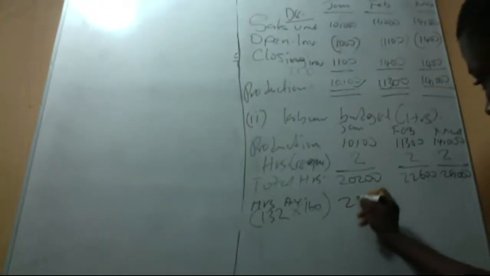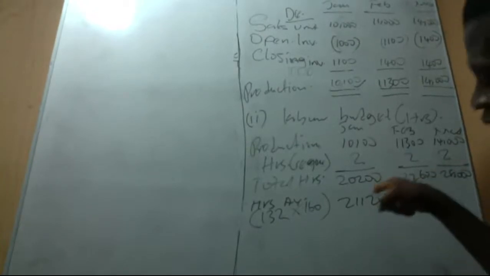What do you get? Okay, 21,120. Good. So it means that each and every month, this is the number of hours that we have available. 21,120. Good.